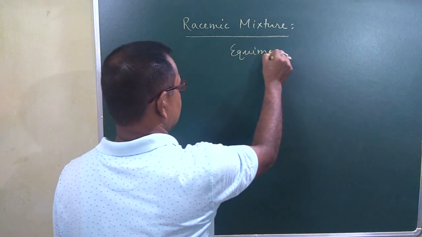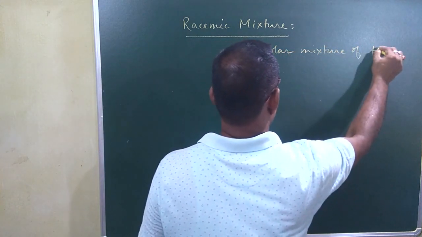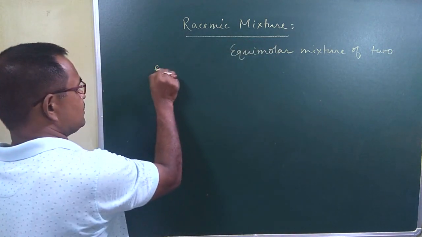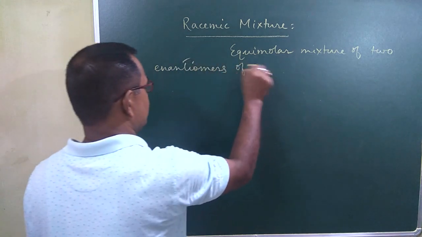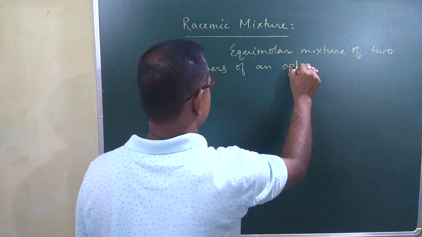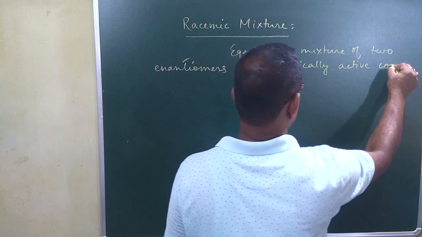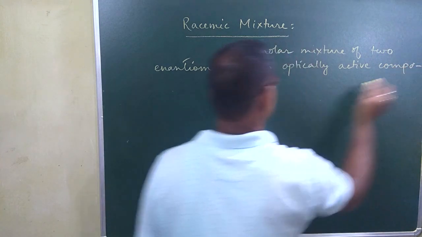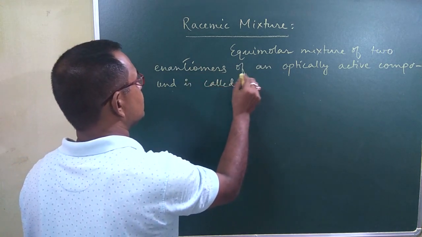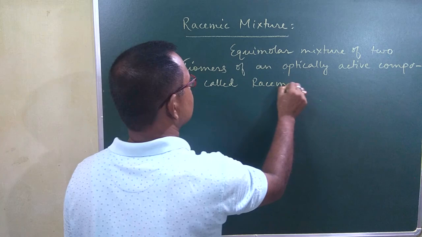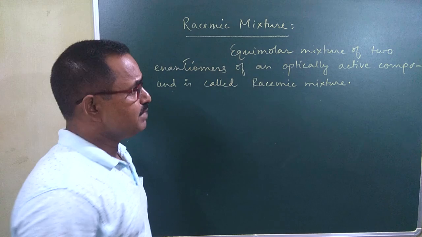Equimolar mixture of two enantiomers of an optically active compound is called racemic mixture.